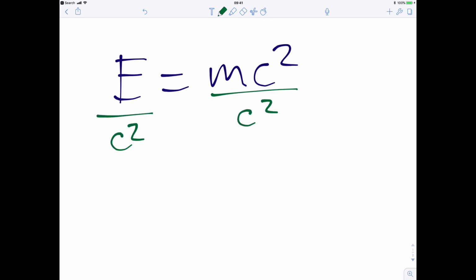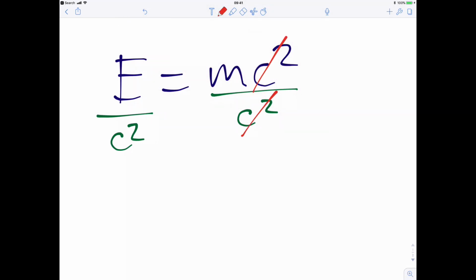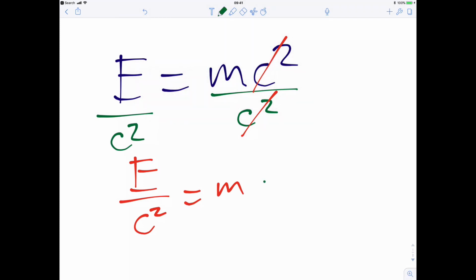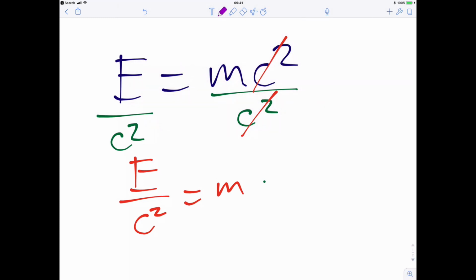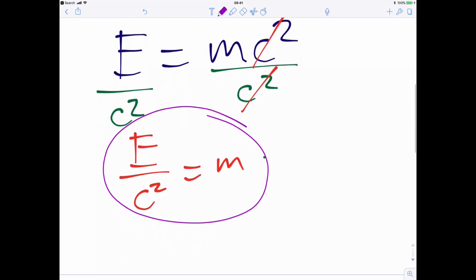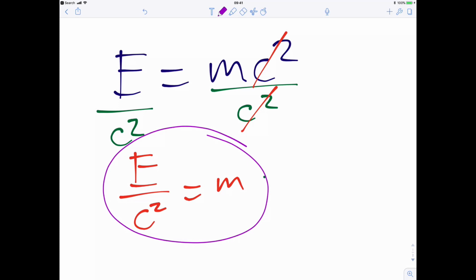And if I do that, the c squared is going to cancel out, and I'm left with m equals E divided by c squared. That is basic, but there are people who struggle with this. So I would recommend that you do the first one if you're not confident yet. Then if your math is that good, then you can use that one.